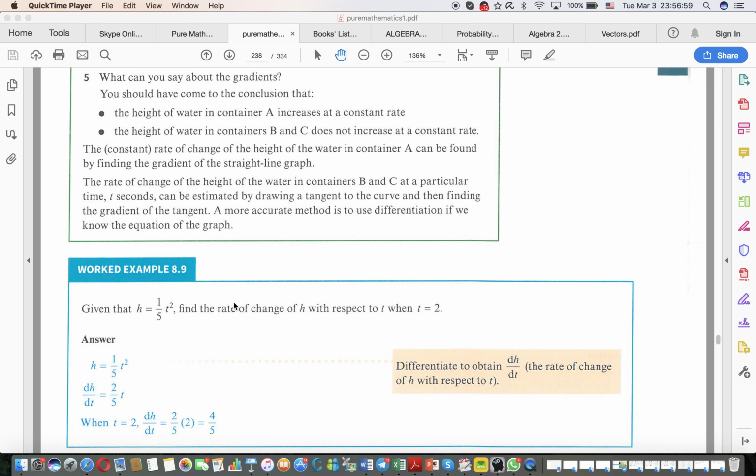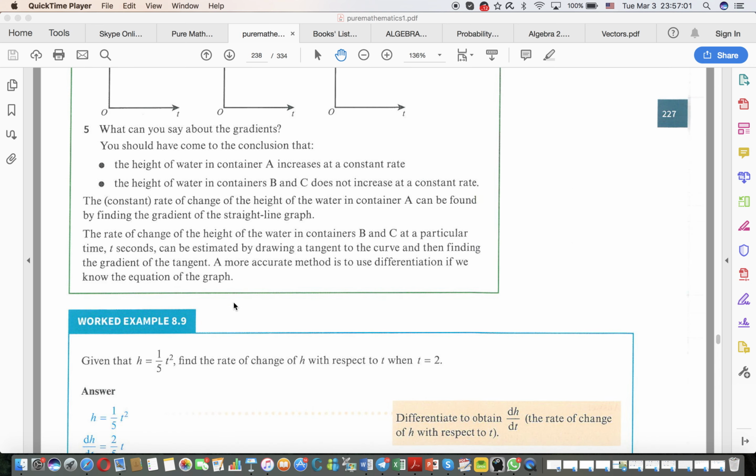Now let's go to the first example, Example 8.9. Just remember one point. Let's review: differentiation actually gives you gradient. You all learned at the beginning of this chapter that it gives you gradient. What is gradient?